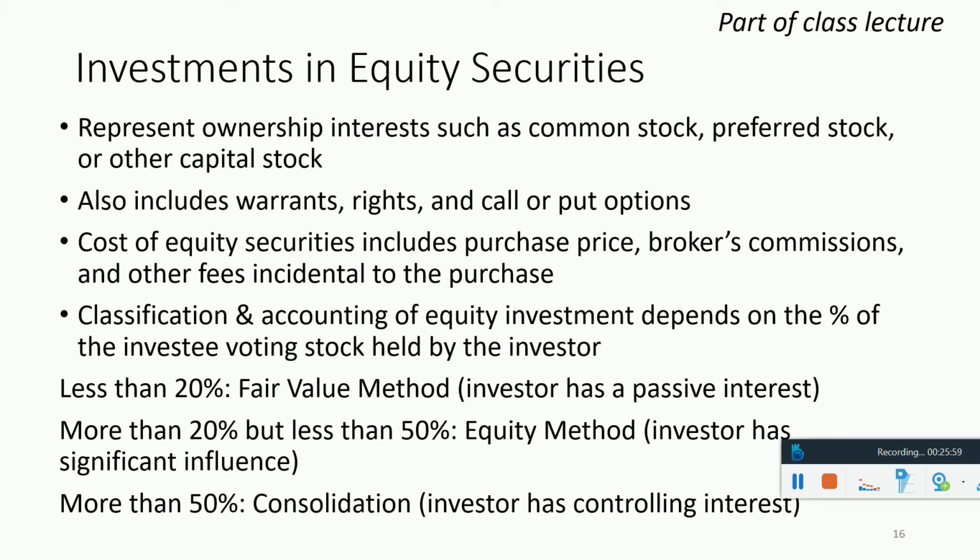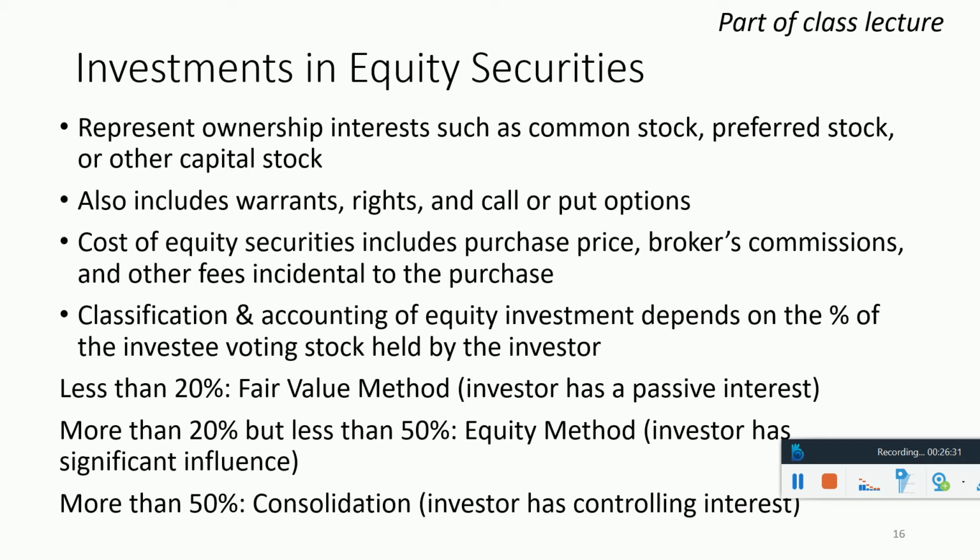There are 3 thresholds that we look at when determining how we're going to account for investments in equity securities. If there is a less than 20% ownership interest, we are going to use the fair value method. This is basically a method that assumes that the investor has a passive interest. Okay? They are invested in it, but they don't really have any significant influence or control.